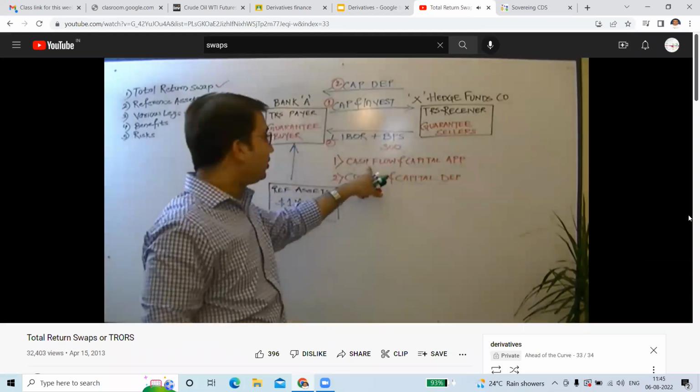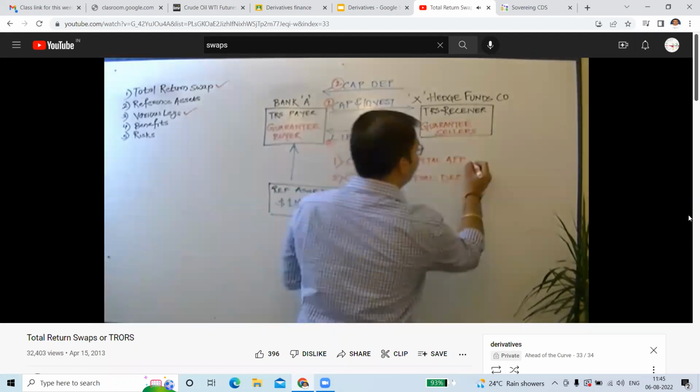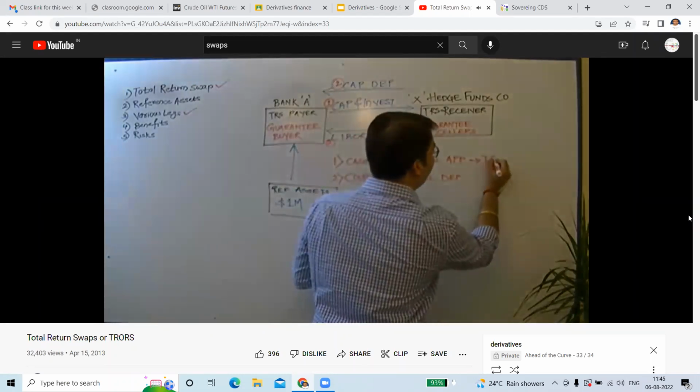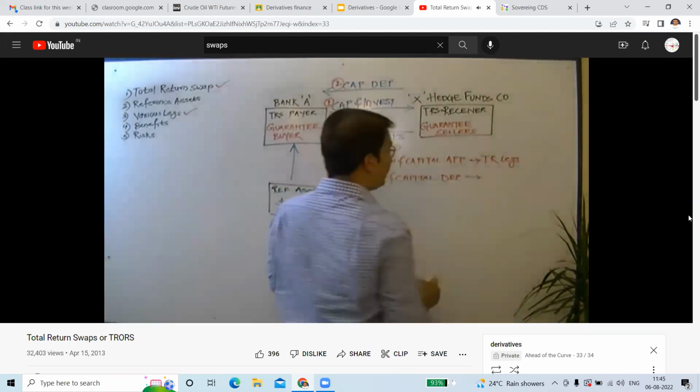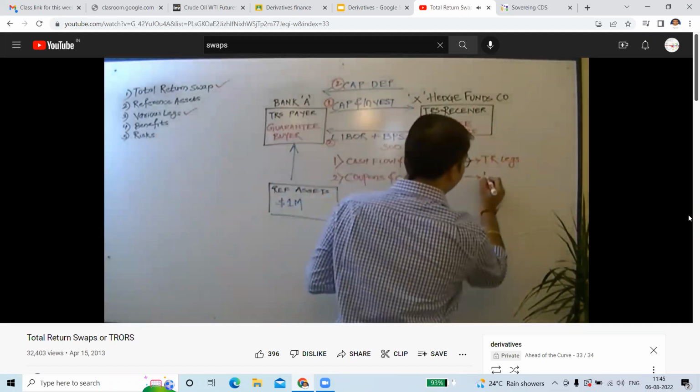This leg is called the total return leg, and this leg becomes the funding leg.